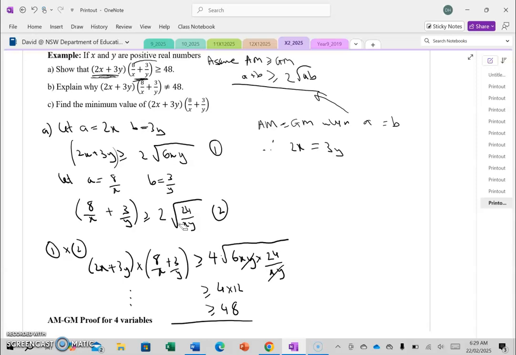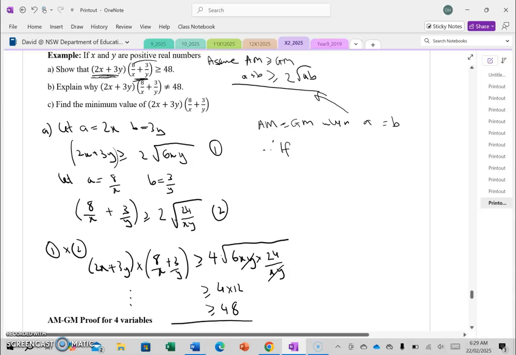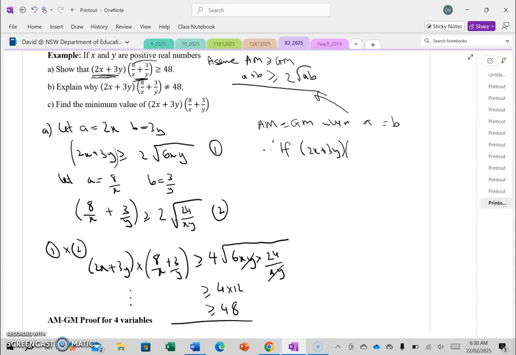So actually I'll write, if this guy was to equal 48, then this would have to equal this when we used AM-GM, and this would have to equal this. So we'd have 2x equals 3y and 8 on x equals 3 on y, which is equivalent to 8y is equal to 3x. So we've got two equations, and we're going to see something interesting. We're going to see that there's no solution to these two equations, so therefore we can't equal 48. So let's try.